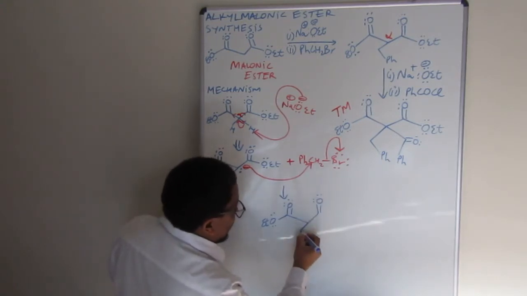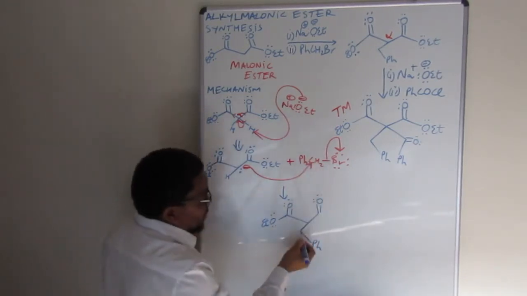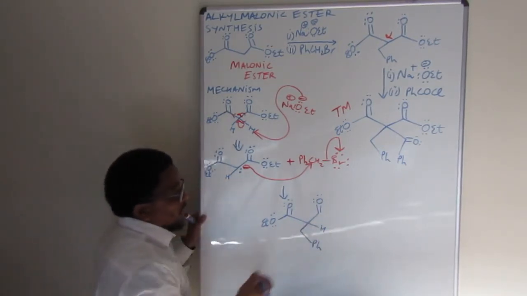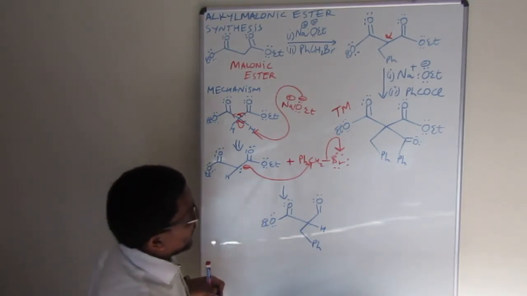There is our CH2 bonded to the Ph. Then we are only left with one proton in that case, right? That is in this step now, right?